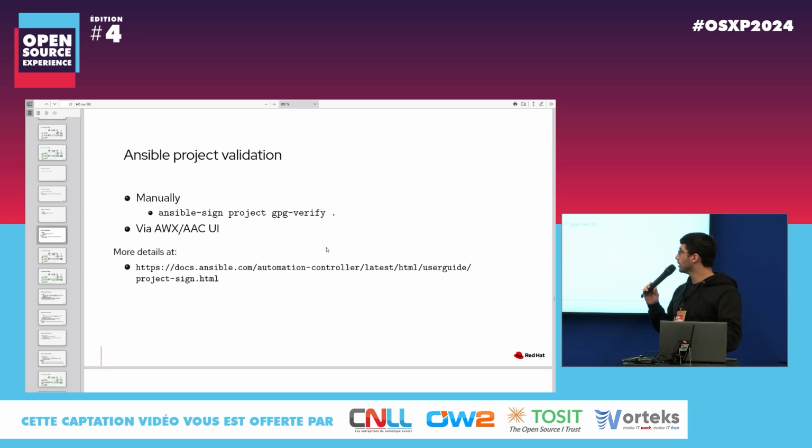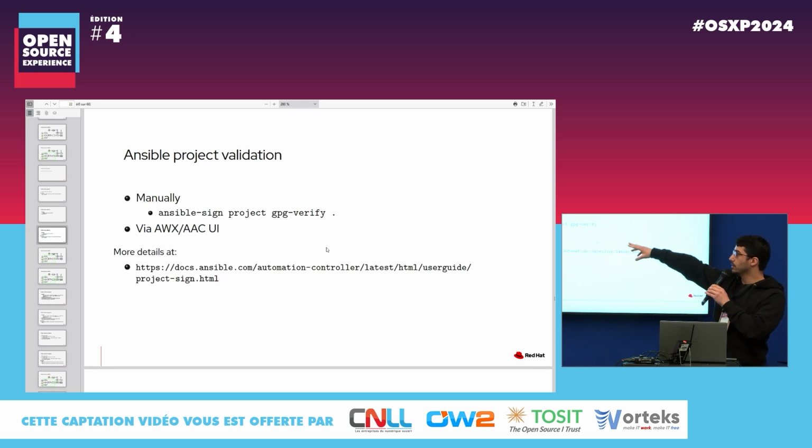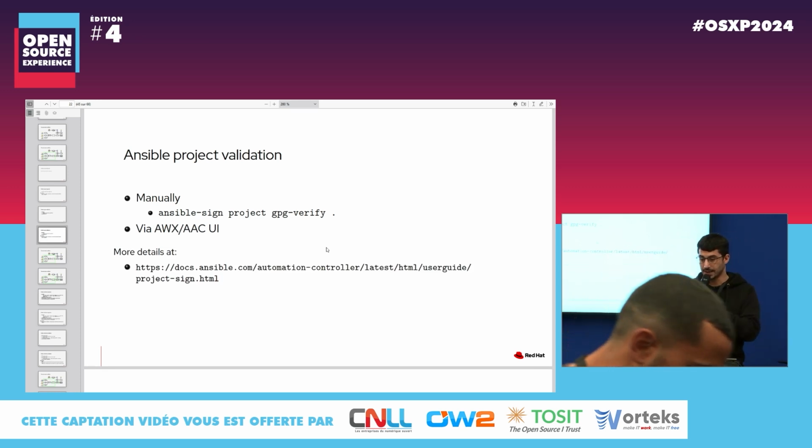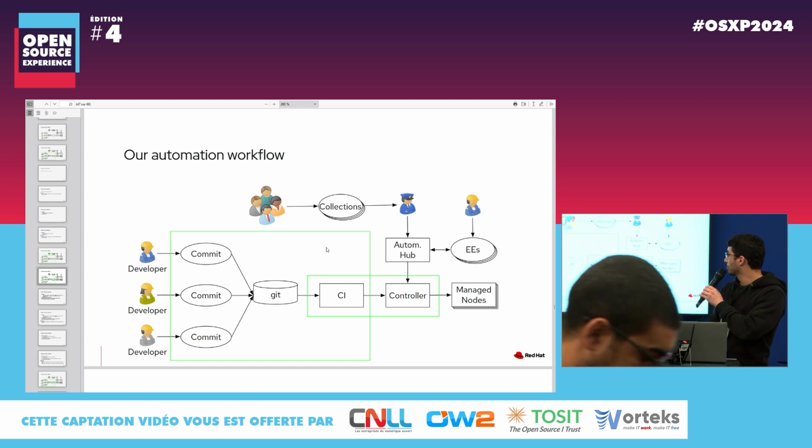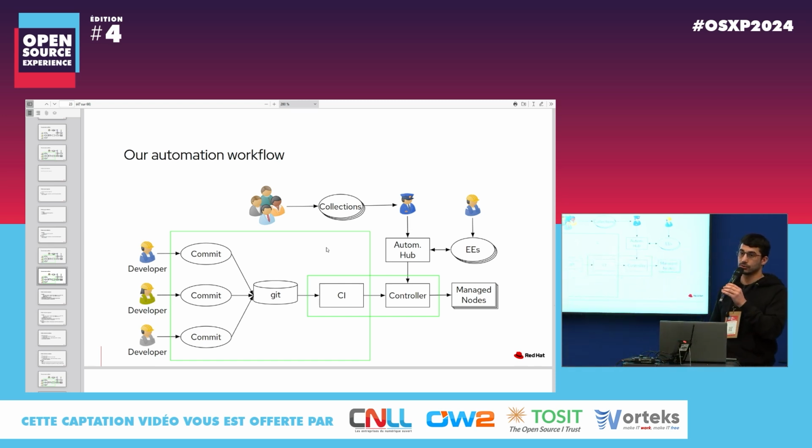And you can validate them either manually or into the controller itself. So in our case, obviously, we are going to do it into the controller since we have a controller there. So we can secure this part of the chain. And even more, we can also ensure that whatever code arrives to the controller actually passes through the CI, which is very important so that no one skipped the step.